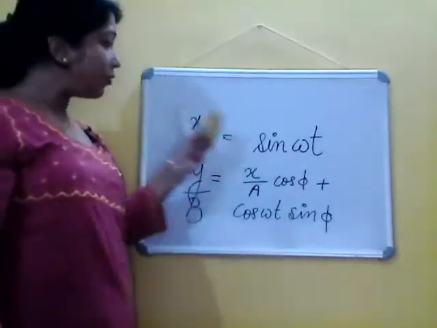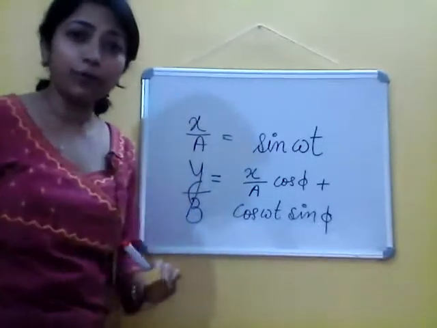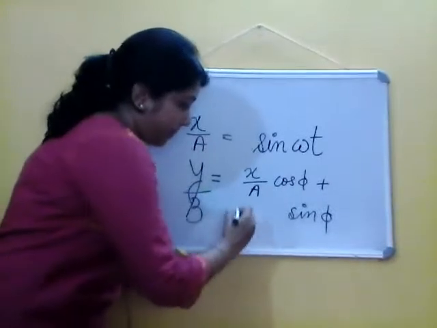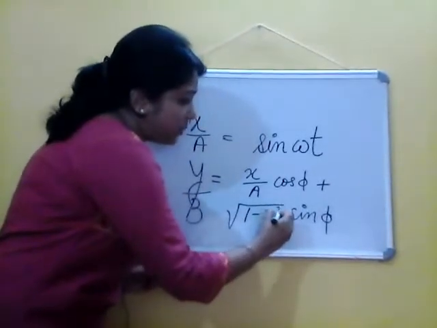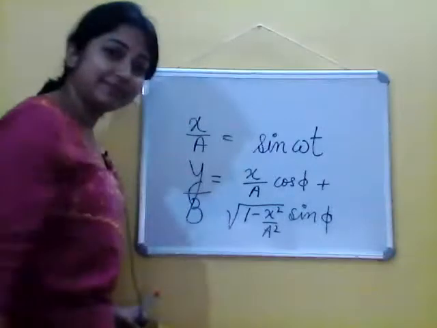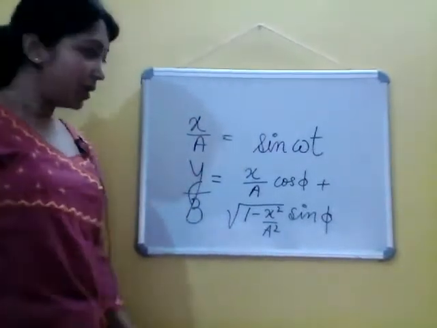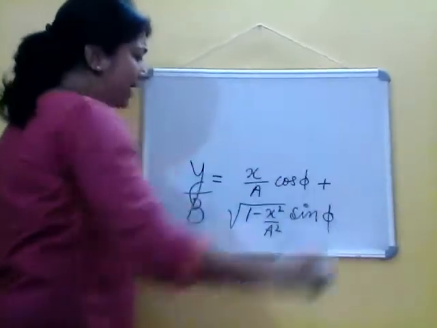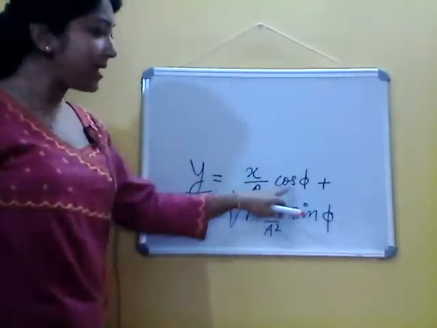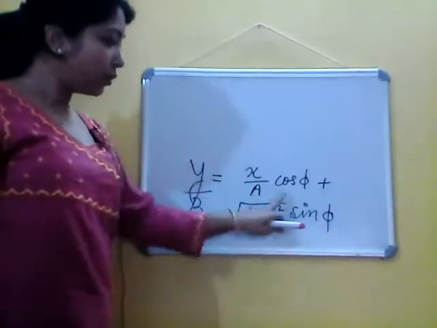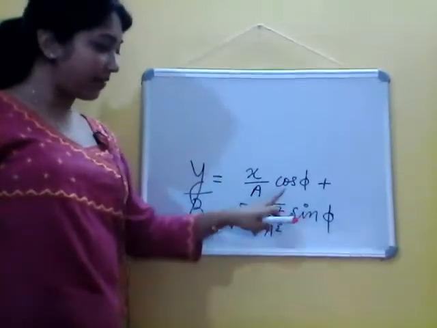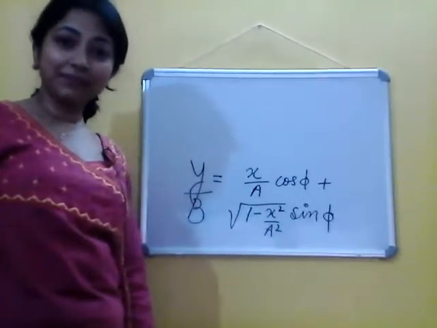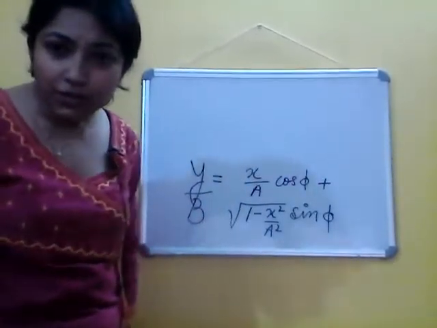However, if sine omega t is x by a, I hope all of you will agree with me that cos omega t is root over 1 minus x square by a square. Am I right? So all I have done is write the value of y by b as x by a cos phi plus root over 1 minus x square by a square sin phi, where this under-root term is nothing but the cos omega t part. Correct? So I hope everybody has understood.